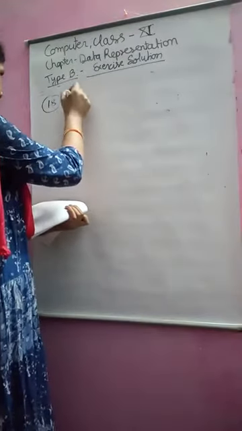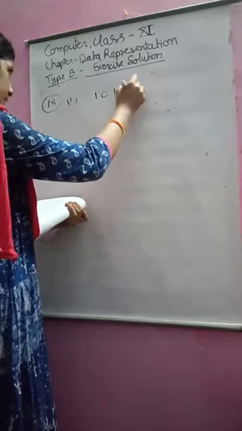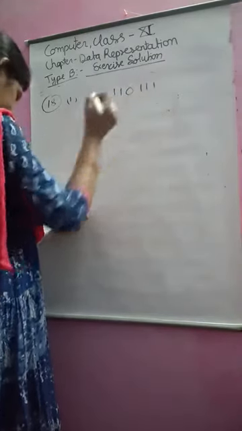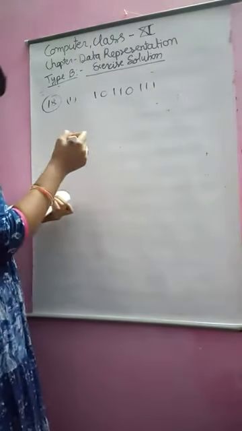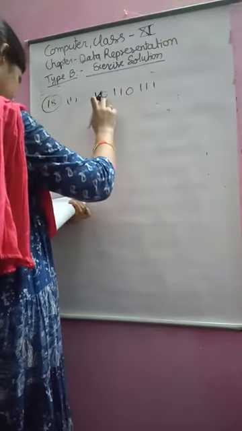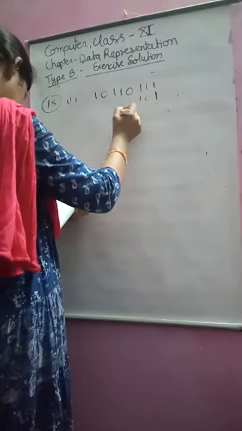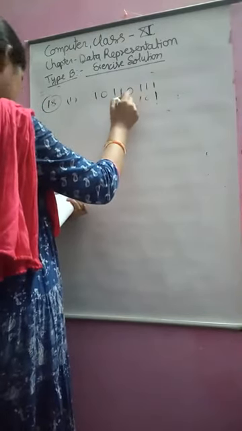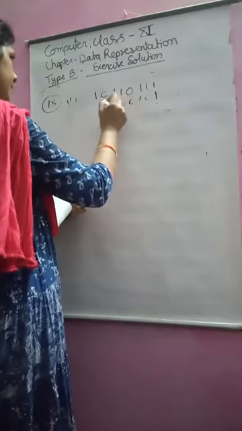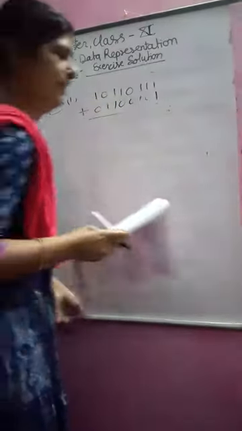I am taking the first one. 1 0 1 1 0 1 1. इसको आपको जोड़ना है. 1 0 1 0 0 1 1. Put a 0 here, then add.